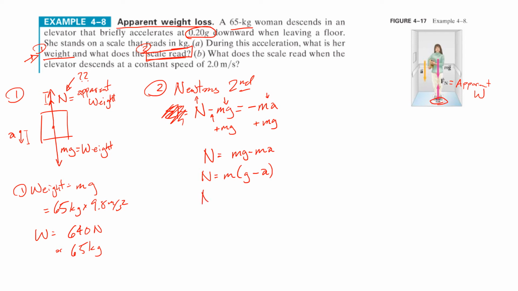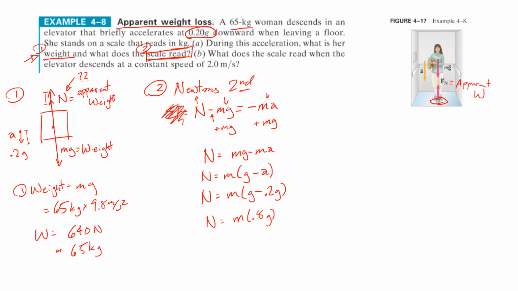That means the normal force is equal to the mass times gravity minus our a, which is 0.2 g, right? 1 minus 0.2, meaning N is equal to m, the mass, times 0.8 g, meaning she's going to weigh 80% of what she actually weighs, or her apparent weight is 80% of her real weight.